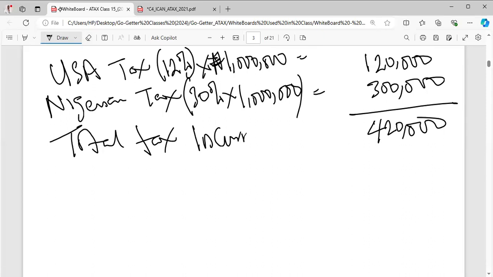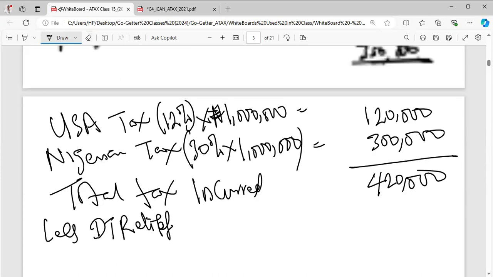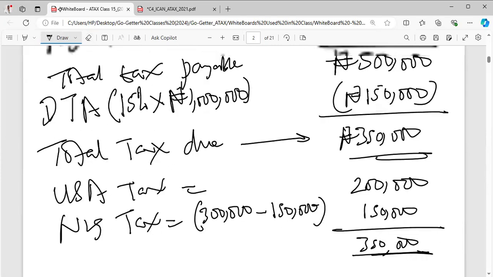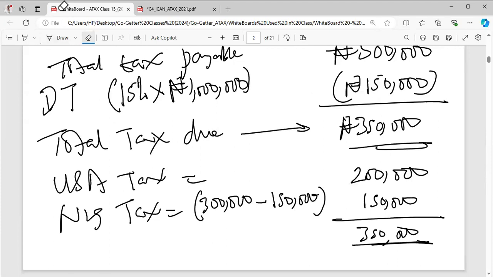Then that's a less double taxation agreement, or let's say double taxation relief. That's it. Double taxation relief. That's the word I should have used here. Same thing I should have done here. Double taxation relief.